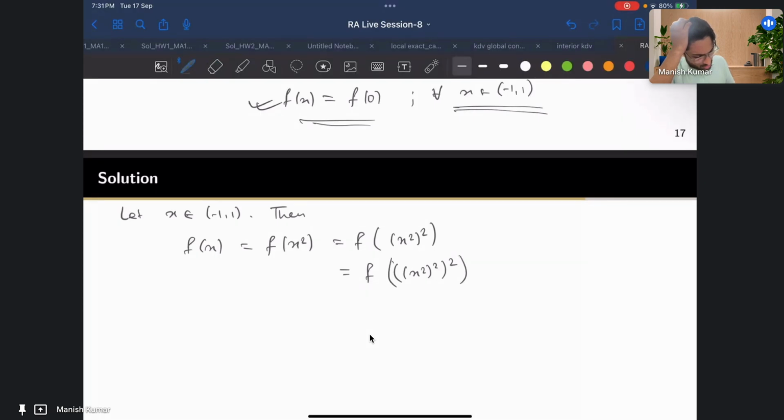In this way you can go on, and ultimately what you get is x square.